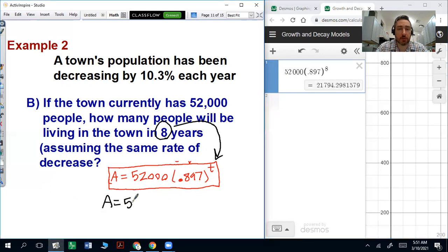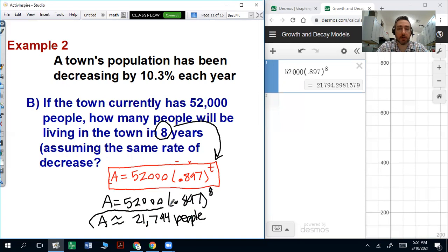You just got to write this with the 8 in there when you're writing your work down. And then put your answer. So your amount is approximately equal to 21,794 people after 8 years. So that's a quickly decreasing population.